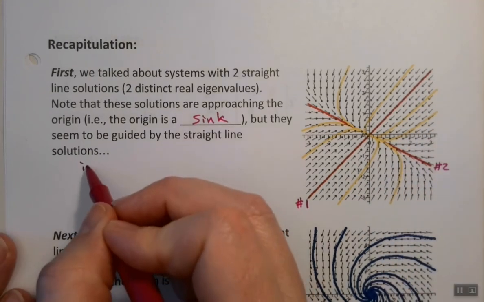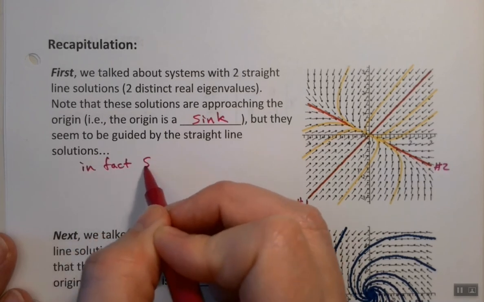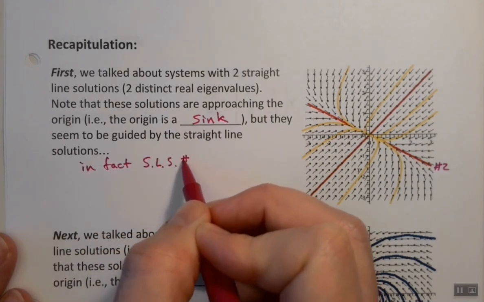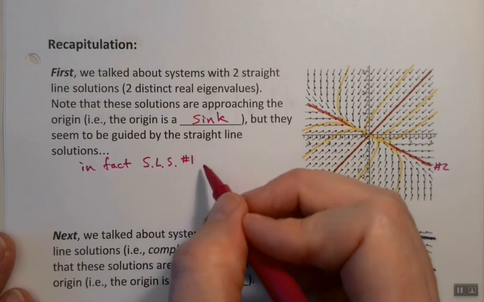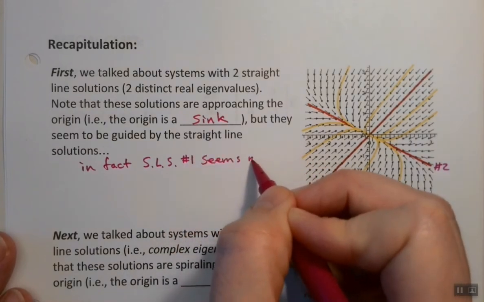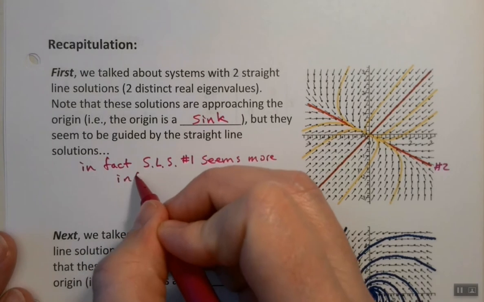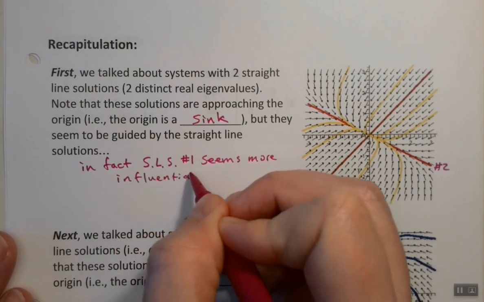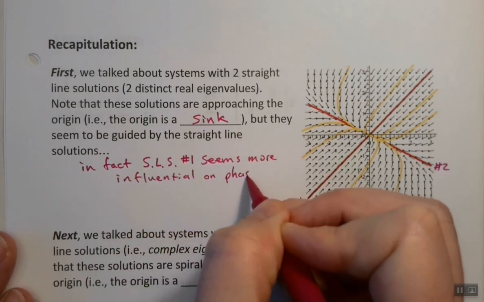So I would say straight line solution number 1 seems to be more influential on the phase plane. And what does that mean?